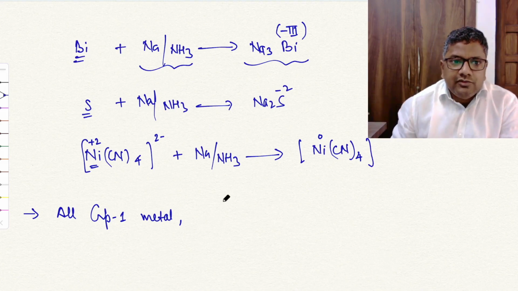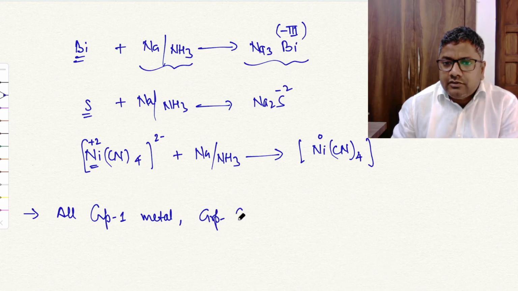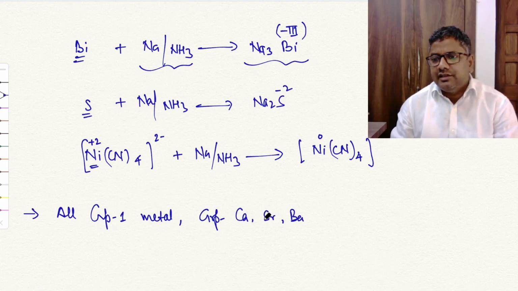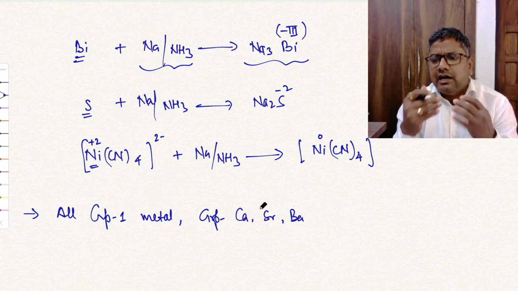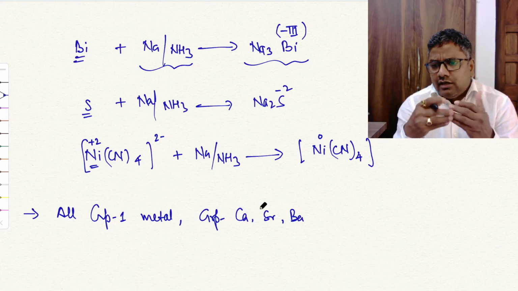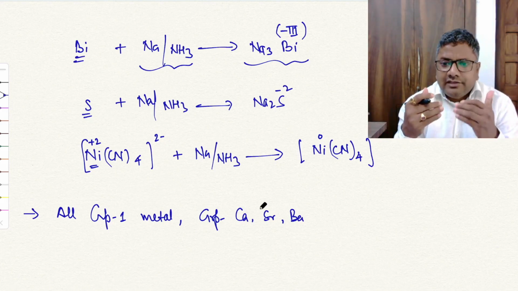In group 2 you will have calcium, strontium and barium. They have this tendency. Basically this depends on the ionization energy.